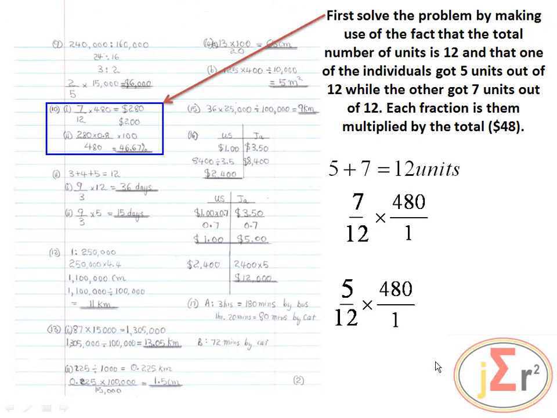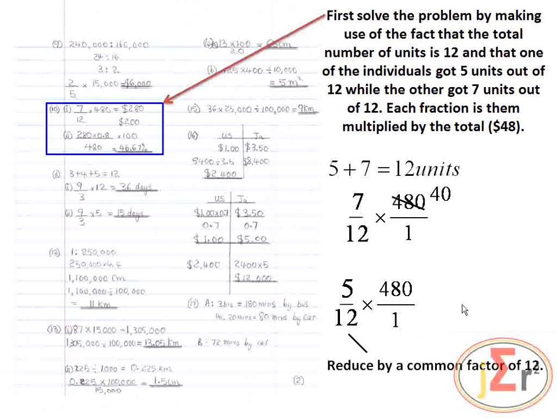And all we need to do now is reduce by a common factor of 12. 12 into 48 is 4, but do not forget the 0, so 40, and 12 into 12 is 1 time.